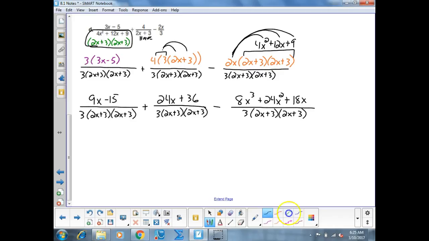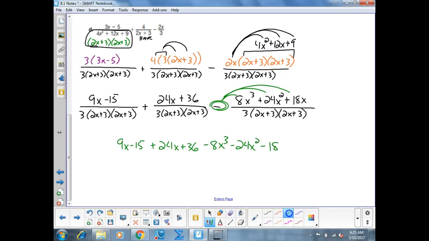So on top, I'm going to have 9x minus 15 plus 24x plus 36. Now this negative sign right there is going to have to go into all of those. So that's minus 8x cubed minus 24x squared minus 18x.